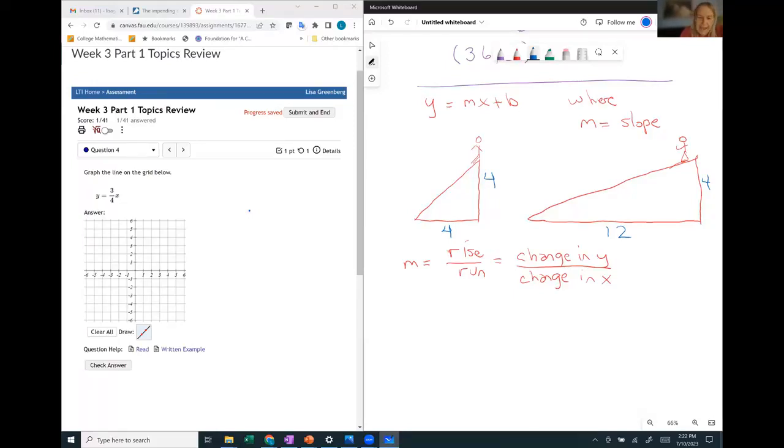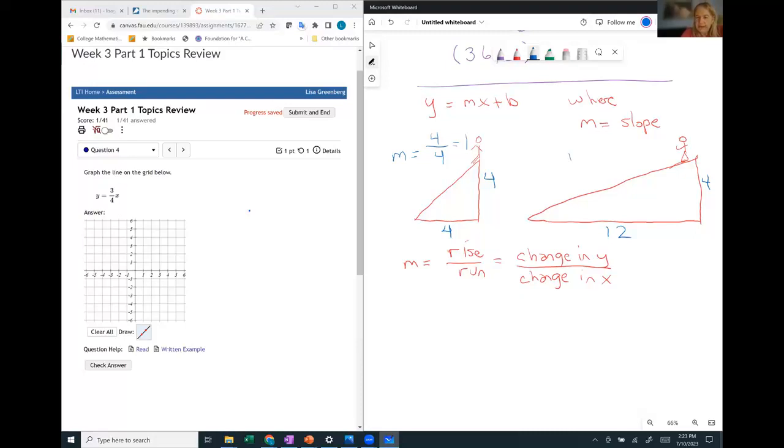So now I can actually talk about what slope means as far as a number goes. So for this one here, we could say the slope is equal to, well, it's going up 4 and it's going across 4. So we would have a slope of 1.